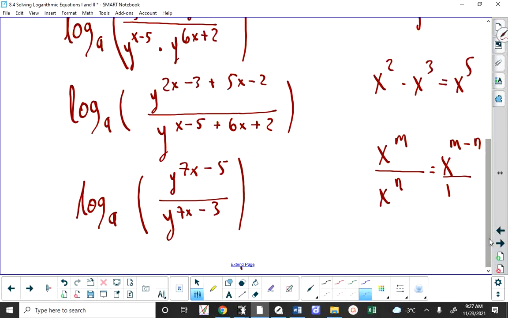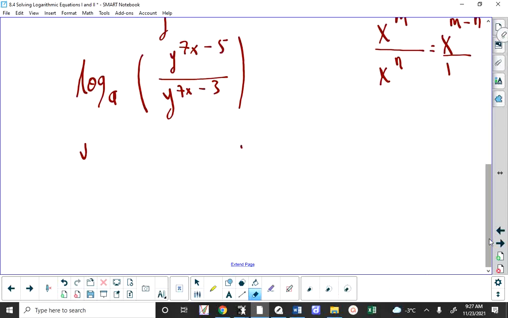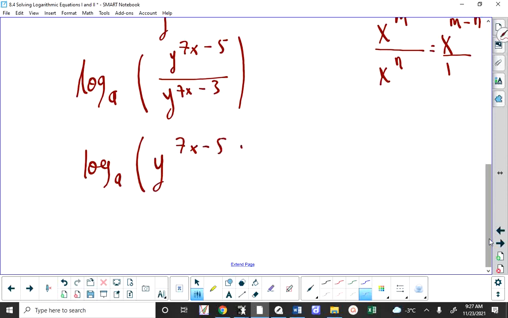Which means this is going to become log base A of y raised to the 7x minus 5 minus 7x minus 3. And of course I've made a mistake here that I make a lot of the time intentionally because it's such a common error that you would hate to get questions wrong on an exam because you're screwing up with grade 7-8 math.